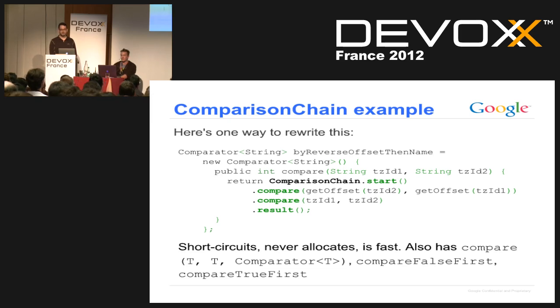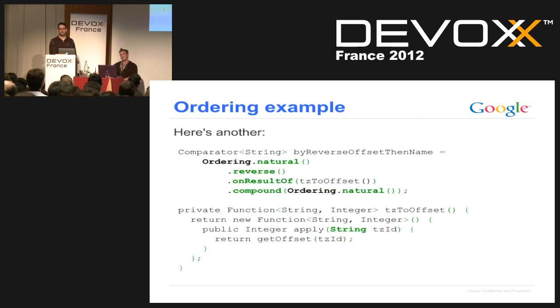Here's another way that you can do it, and which way is better depends on the situation. You can also construct your comparator without actually having to implement comparator at all. Do it sort of declaratively using the ordering class. So what we're going to do is start off with a natural ordering, then we're going to reverse it.